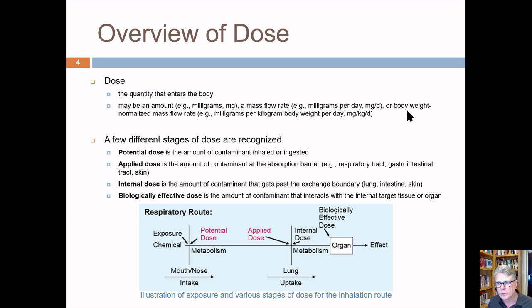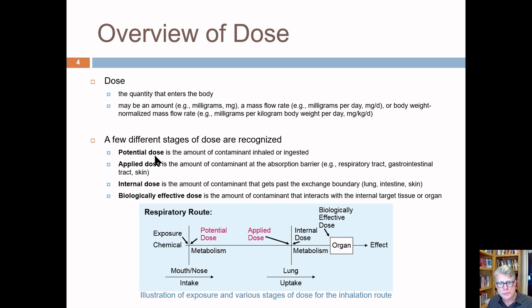Now, if we divide it through by the body weight to scale to the size of an organism, that would be a fixed value, at least for a given point in time, and so then we just have milligrams per kilogram per day.